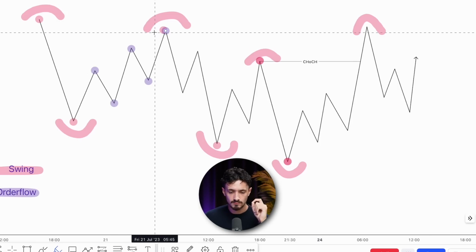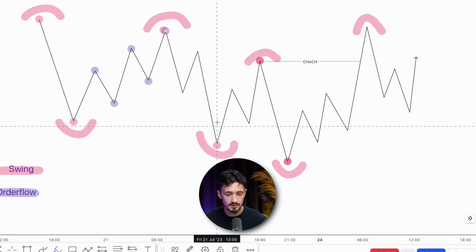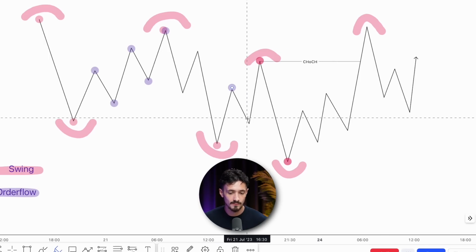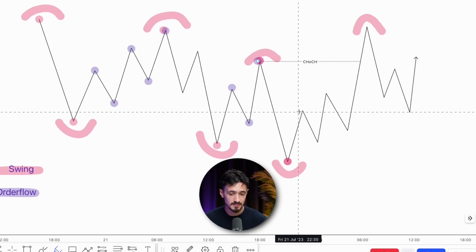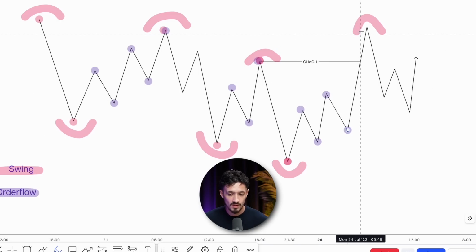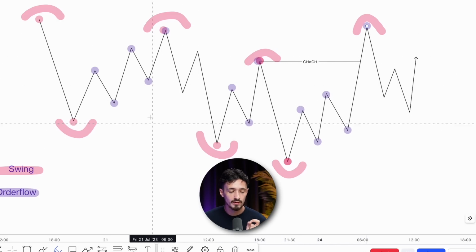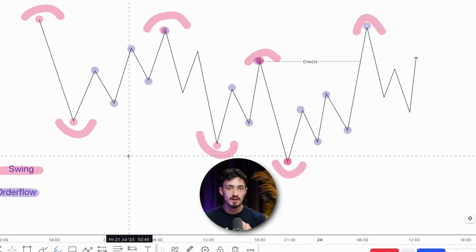Now, again, let's ignore this. Again, price puts in a lower low. Then what happens? Price puts in a high, higher low, and higher high. Then price pulls back. Price puts in a high, higher low, higher high, higher low, higher high. Notice that all of these points that I'm referring to as order flow are actually the pullback phase of the swing leg.